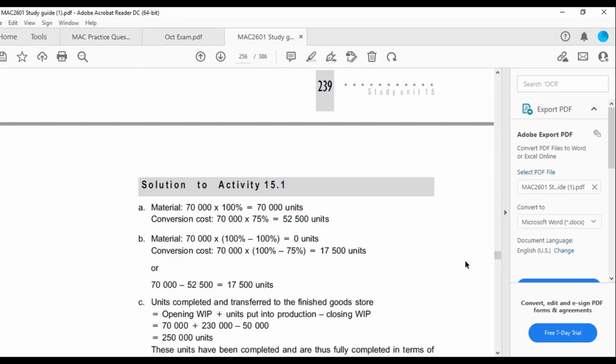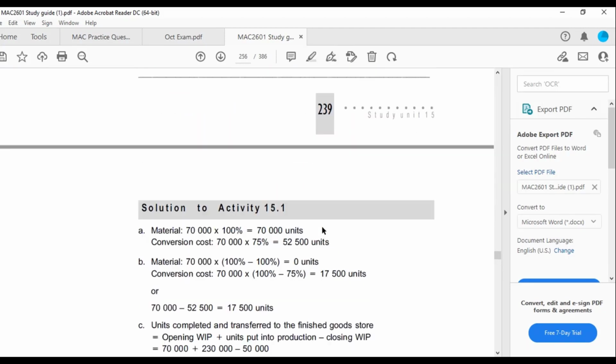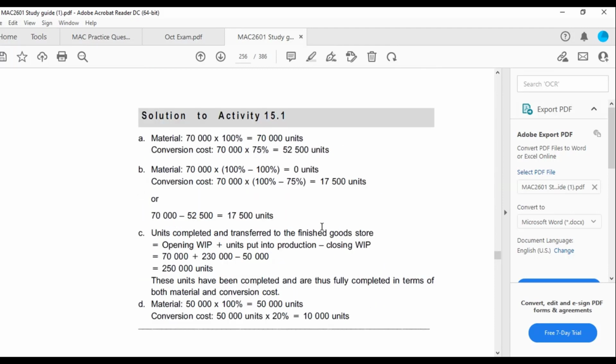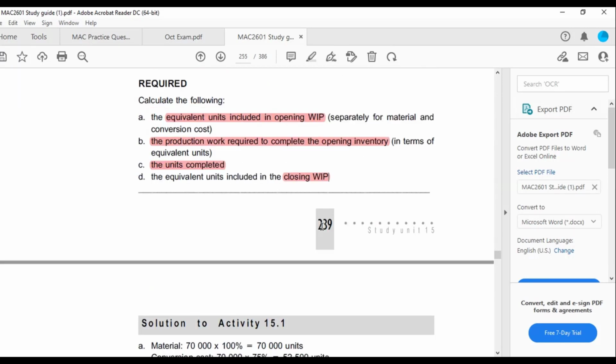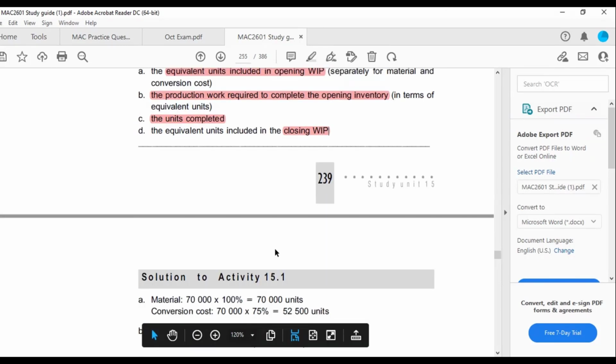Thanks. So with A, they asked you to calculate the equivalent units included in opening WIP. Opening WIP we had 70,000 units, and conversion was 75%. So for the equivalent units for opening WIP, what needed to be done is to recognize that there's still material, right?